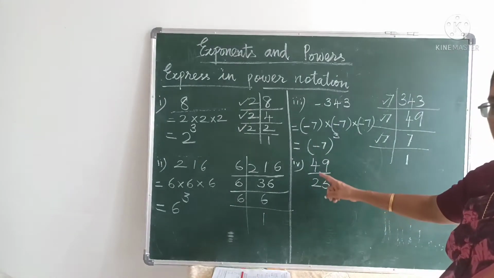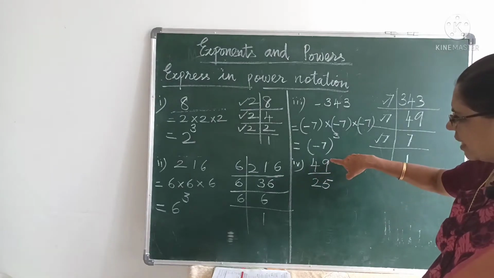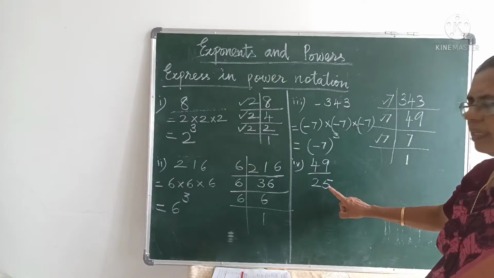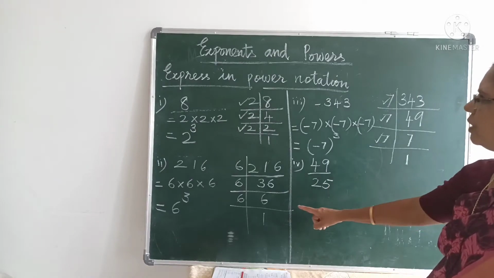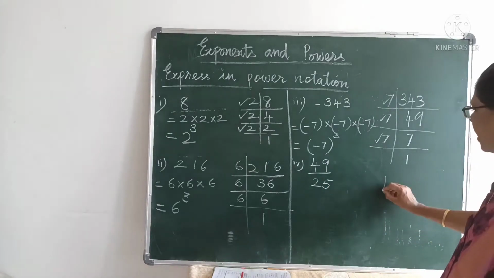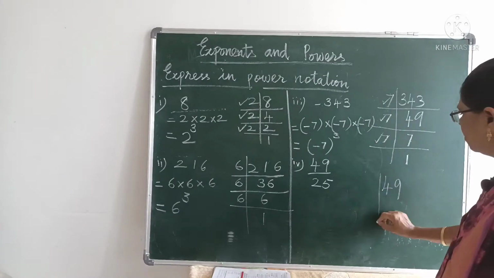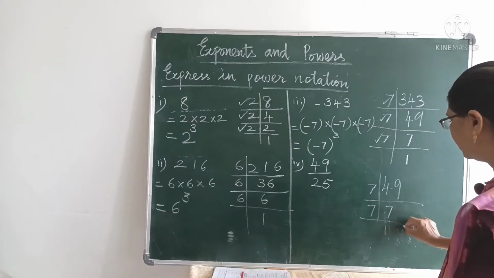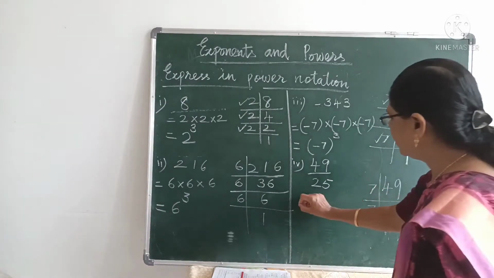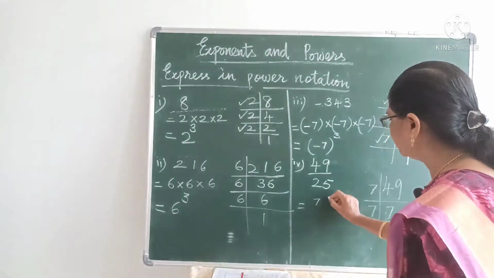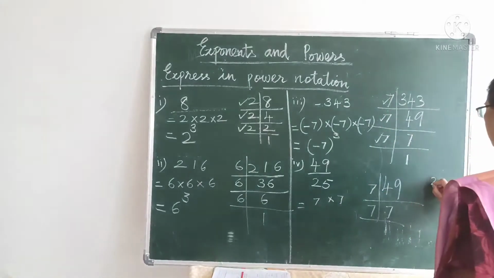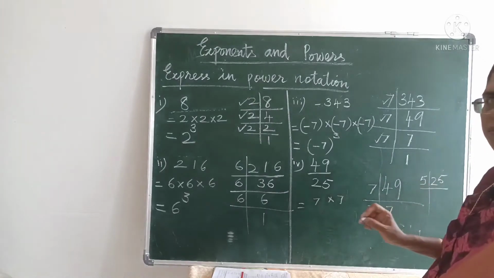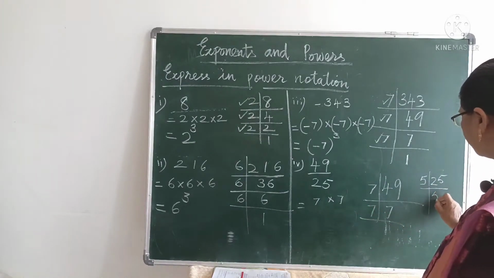This is a rational number. So first factorize the numerator and then factorize the denominator. Then we are going to write it in power notation. 49 divided by 7 is 7. So 49 is written as 7 into 7. And then 25. 25 is divisible by 5. The answer is 5.